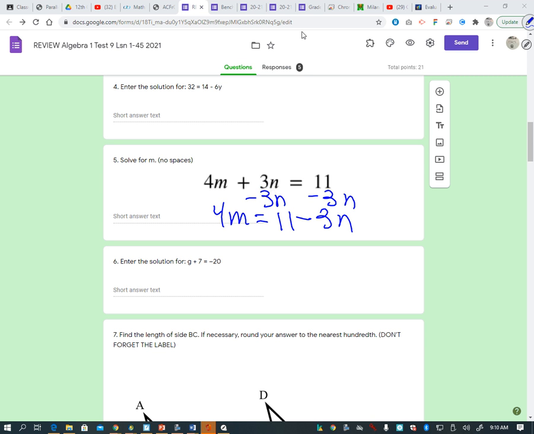What do I do? I want you to say it with confidence. What is happening between 4 and m? What's the opposite of multiply? Divide. So divide by 4. Okay? Now, this is the tricky part. What do I divide by 4 over here?